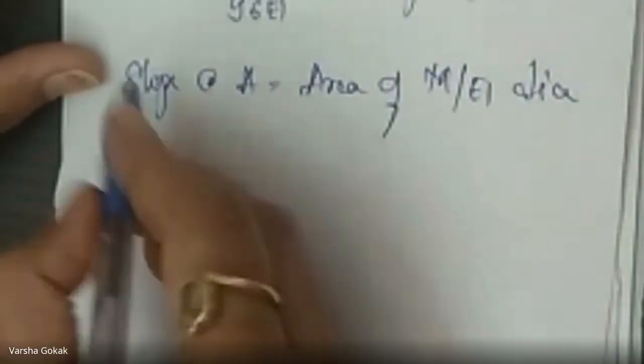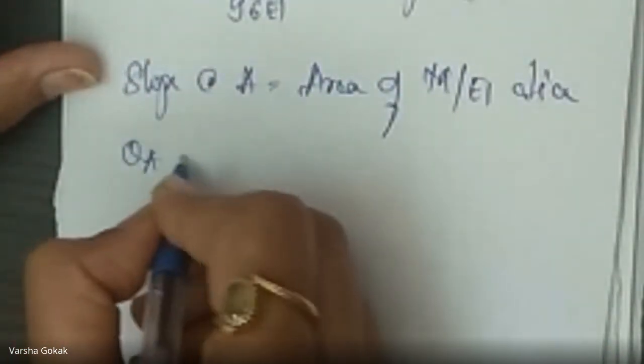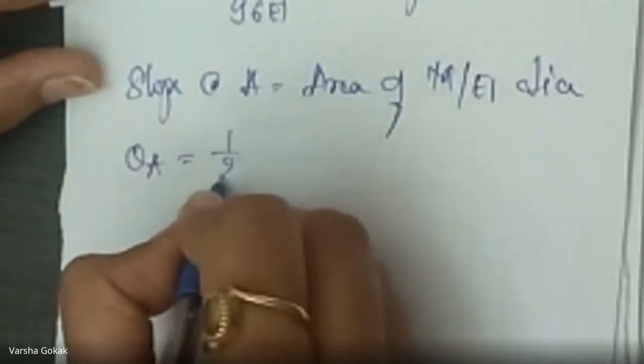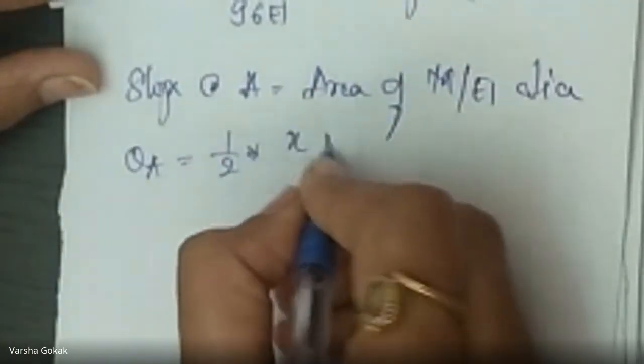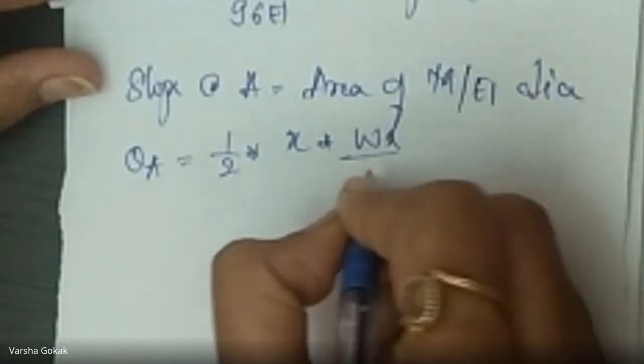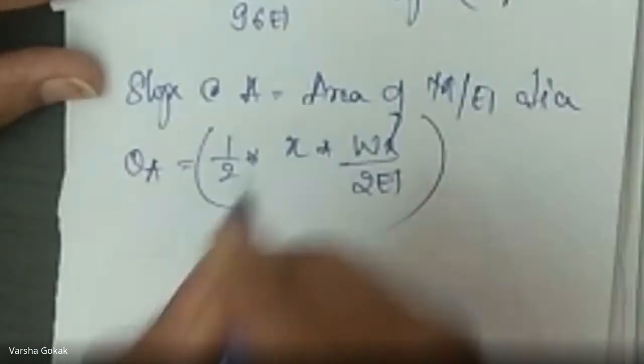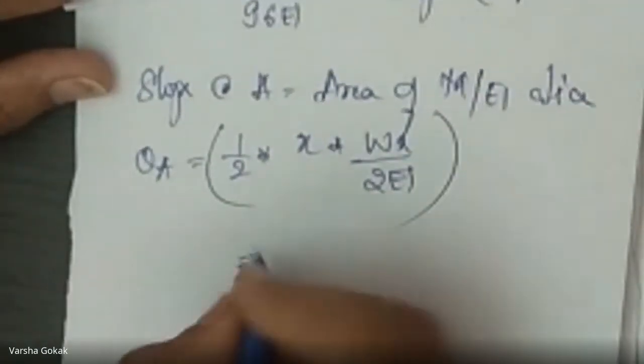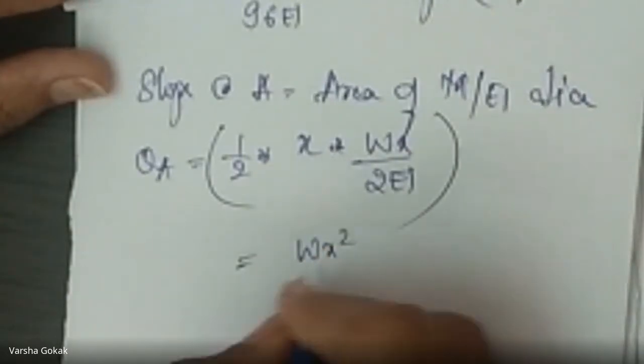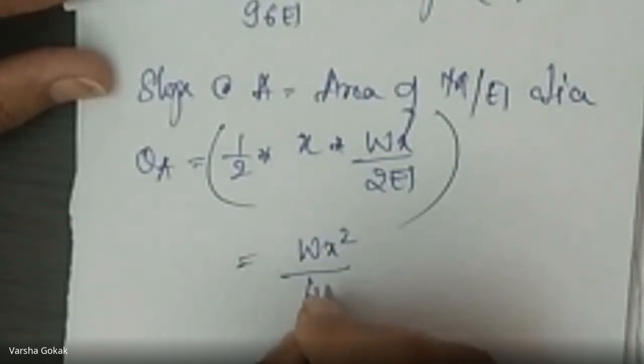So accordingly, slope at A, theta A, which is the area, becomes half, base is x. How much is height? Wx by 2EI, right? This is the area. So the result is Wx square divided by 4EI.